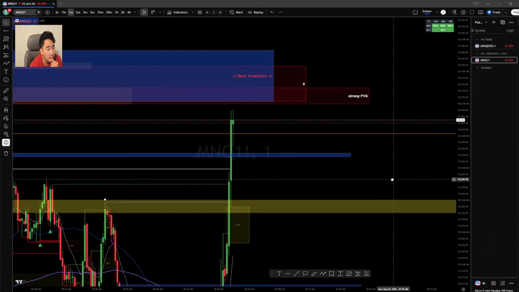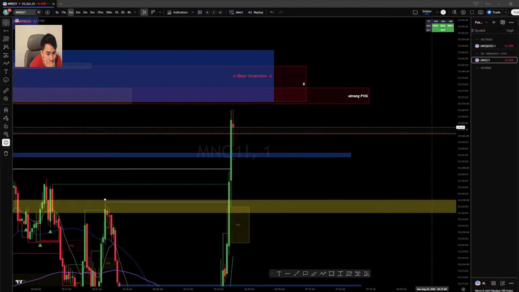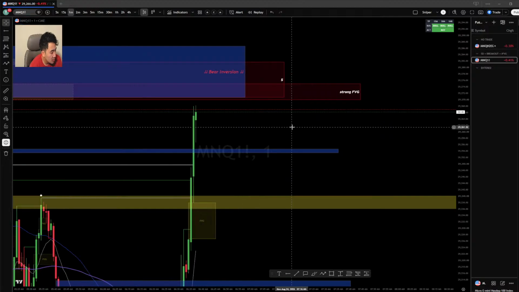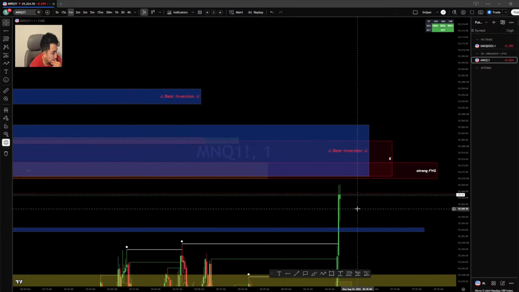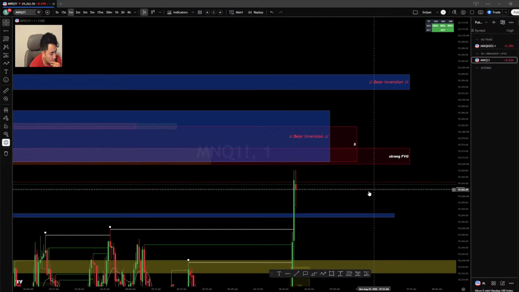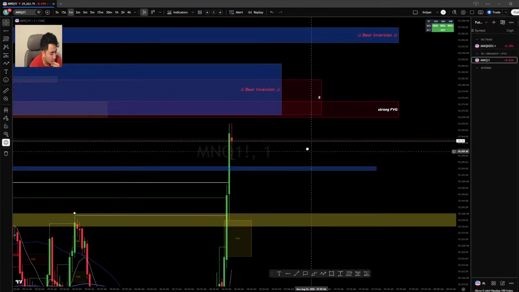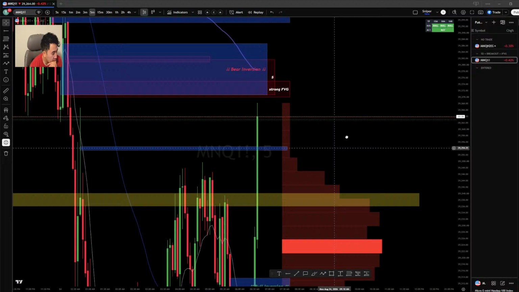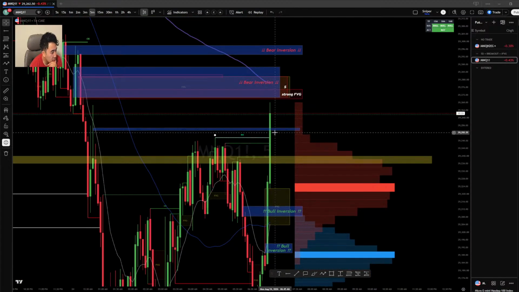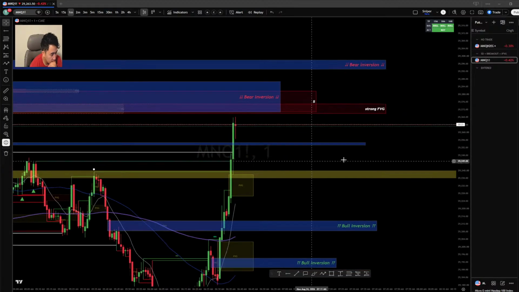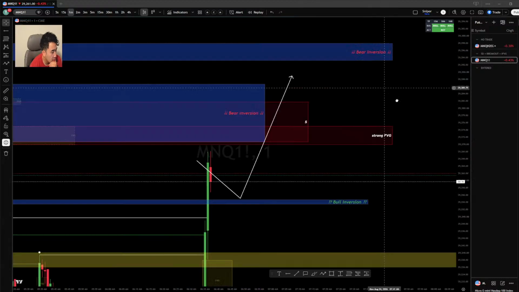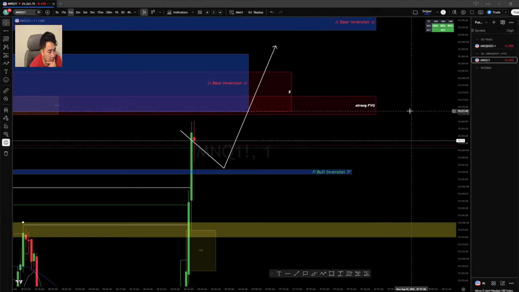Bullish inversion. Delete this here. All right, on the 5 minute, we still have that gap that's forming down here from this candle, so I wouldn't take a trade off of this inversion zone right here unless that 5 minute gap is closed.